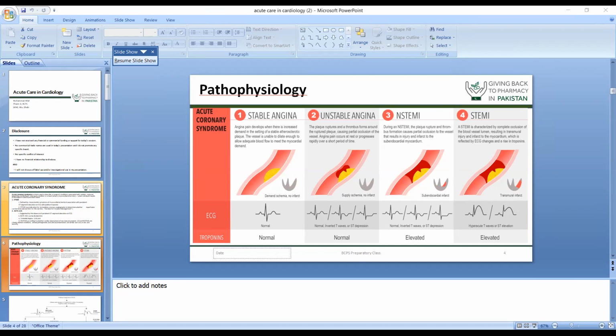On the other side, the things are pretty complicated. You have to diagnose whether there is unstable angina or NSTEMI. If the troponin is positive, the diagnosis is NSTEMI, non-ST elevation myocardial infarction. If the troponin is negative, you can say this is unstable angina. You will perform risk stratification and multi-lead continuous monitoring of ECG.